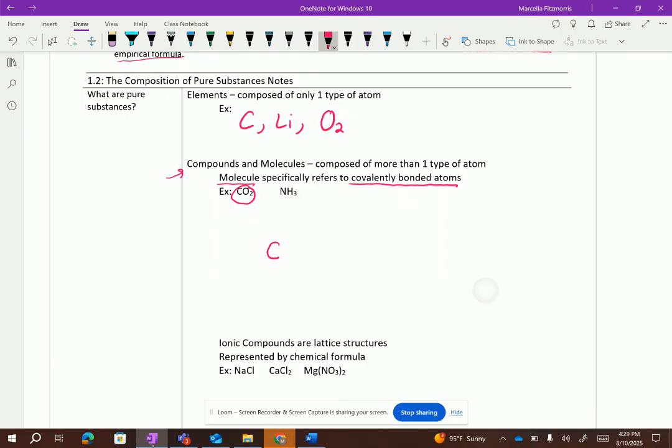So you have one C and two O's, and that floats around as a molecule. Over here you have one N and three H's, and that floats around as a molecule. So we have molecules, they're covalently bonded, and what the formula says is exactly how many atoms are in that item.